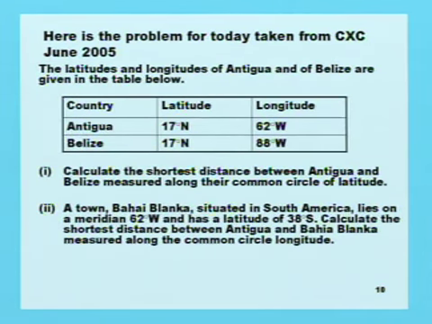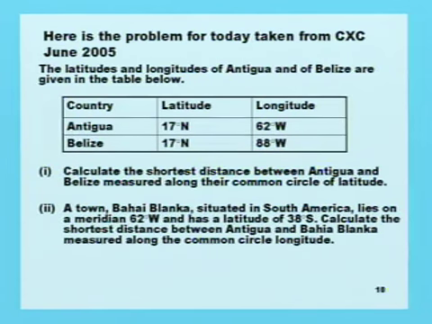Here is a problem for today taken from CXC June 2005. The latitudes and longitudes of Antigua and of Belize are given in the table below. Antigua 17 degrees north, 62 degrees west. Belize 17 degrees north, 88 degrees west. Part 1.